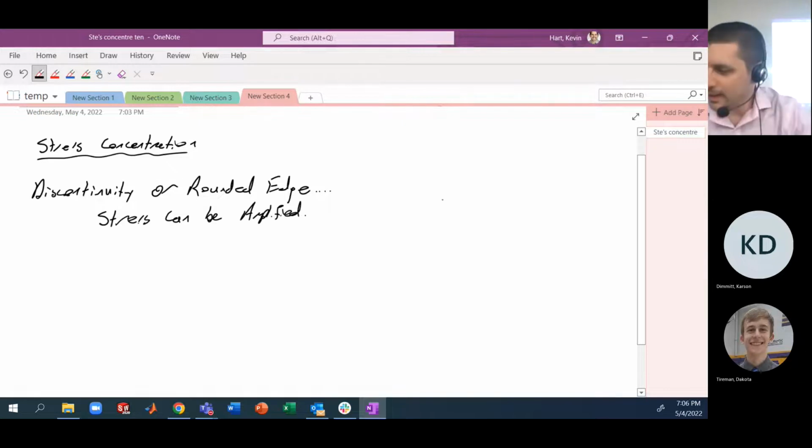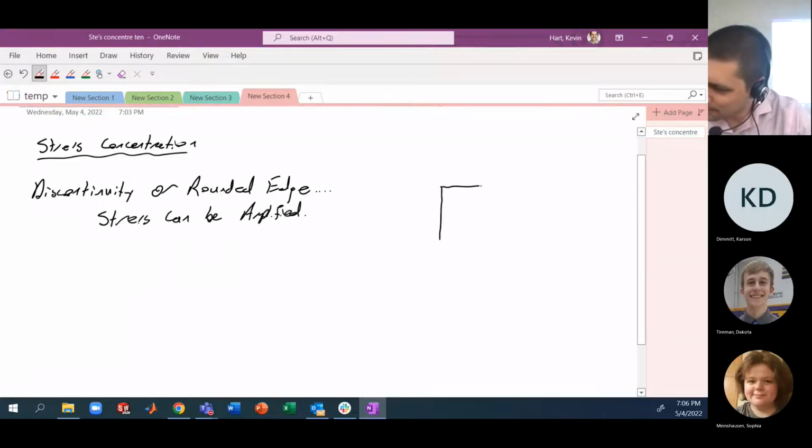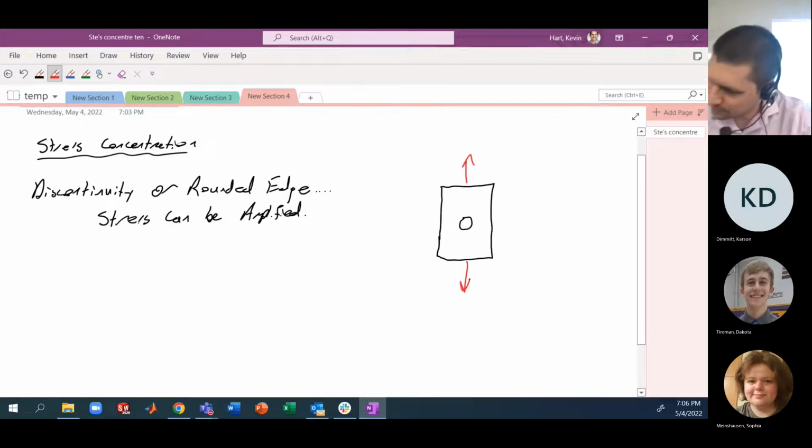The classic example is a rectangular plate with a hole in it, and we provide some load here, P. We have some general dimensions for this.